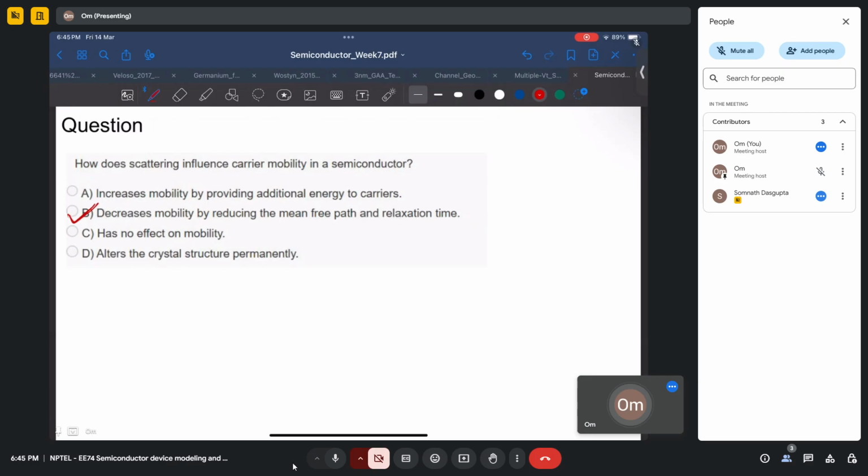So the whole concept of mobility comes through scattering only, right? So what is scattering? Scattering is some external influence that is changing the flow of electrons.